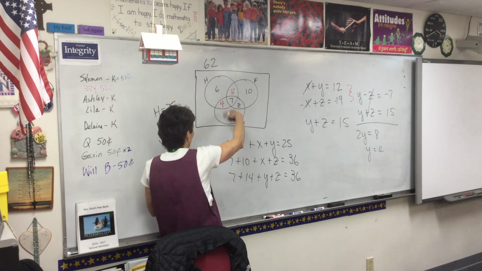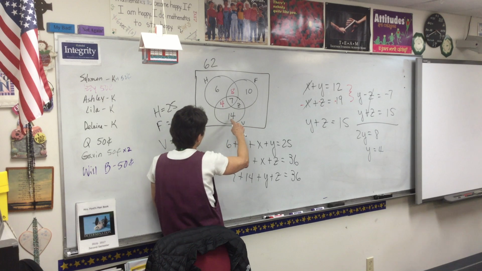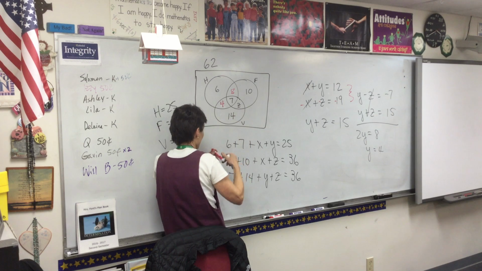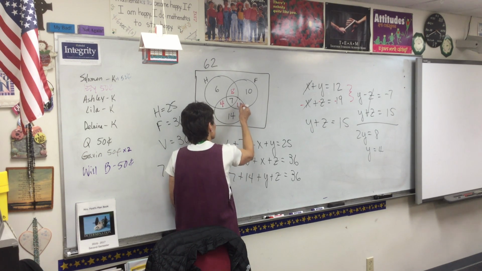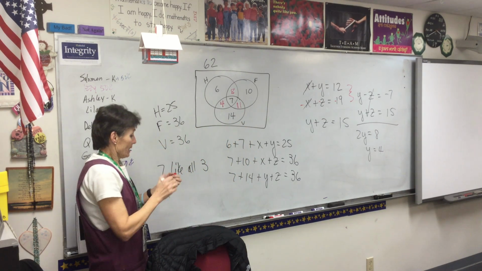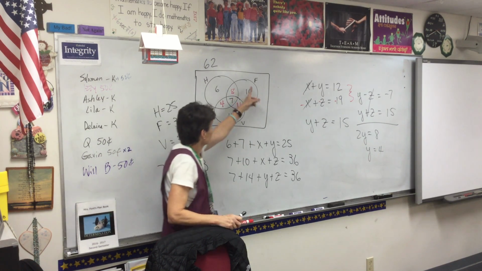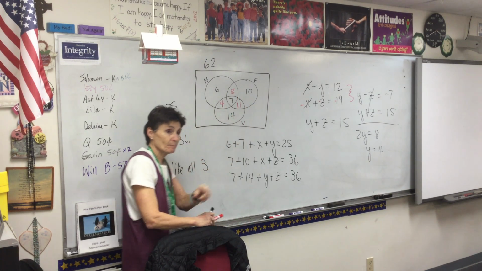And then the V ball had to add up to 36, but I have 14 and 11, I have 25. So this has to be 11? Is that right? Then I can check it real quick, because the F ball has to also be 36. Does that add up to 36, all these things right here? Yep, it does.